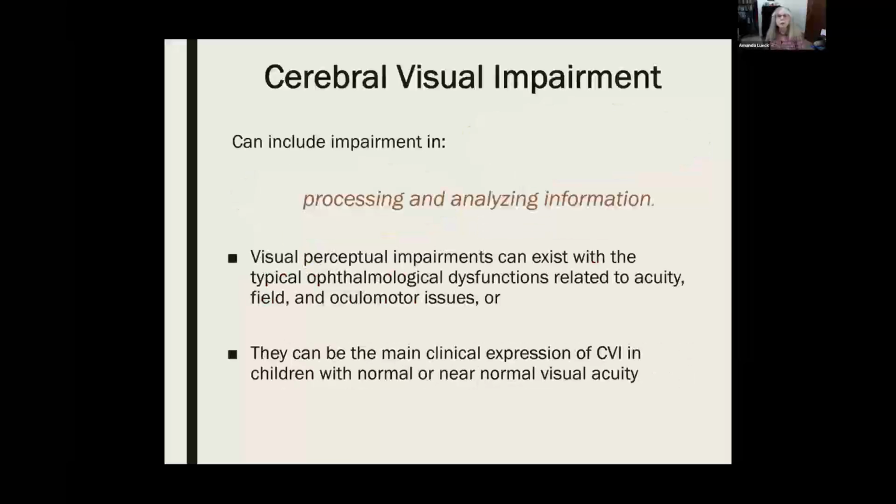But cerebral visual impairment is more of an umbrella term. Some people are now calling it cerebral visual impairments rather than just cerebral visual impairment. And this can include impairment in processing and analyzing information. Visual perceptual impairments can exist with typical ophthalmological dysfunctions related to acuity, field, and ocular motor issues, but they can also be the main clinical expression of CVI in children with normal or near normal visual acuity.